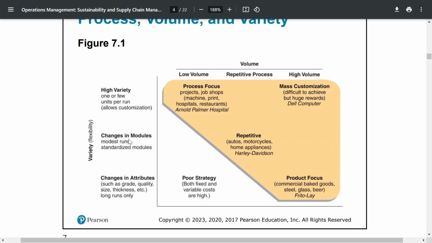Then as you go up in the axis of variety, there are some changes in the modules. These are modest runs. So modest runs can change. Let's say for 3 hours we produce a specific product, for example a certain brand of a car.